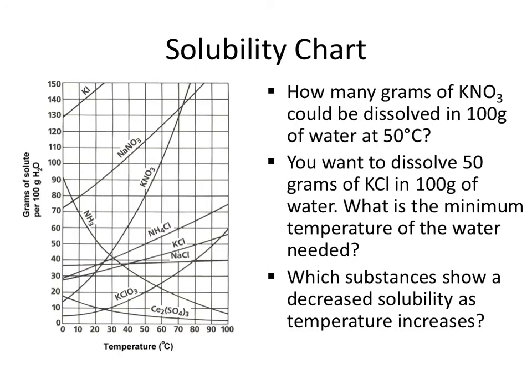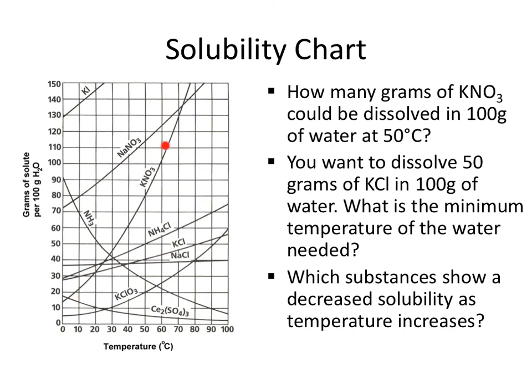All right, so let's do some more practice with the solubility chart altogether. How many grams of potassium nitrate would be dissolved in 100 grams of water at 50 degrees Celsius? Okay, so we find potassium nitrate on our sheet here.